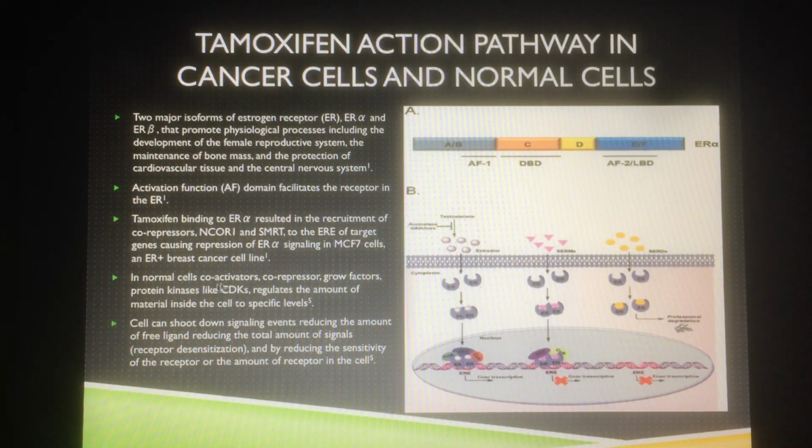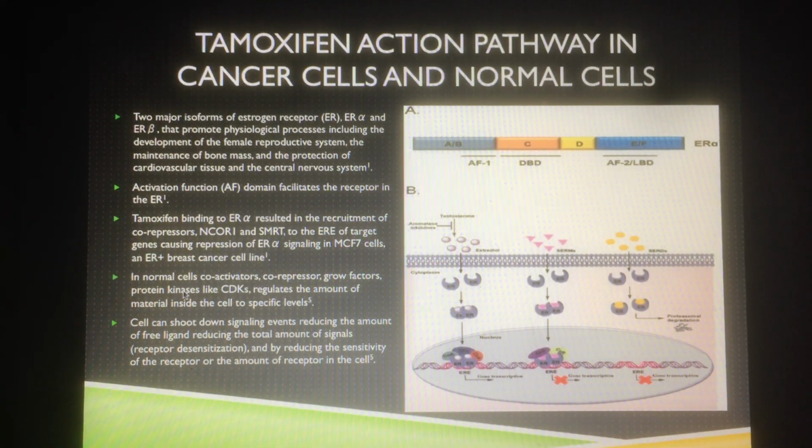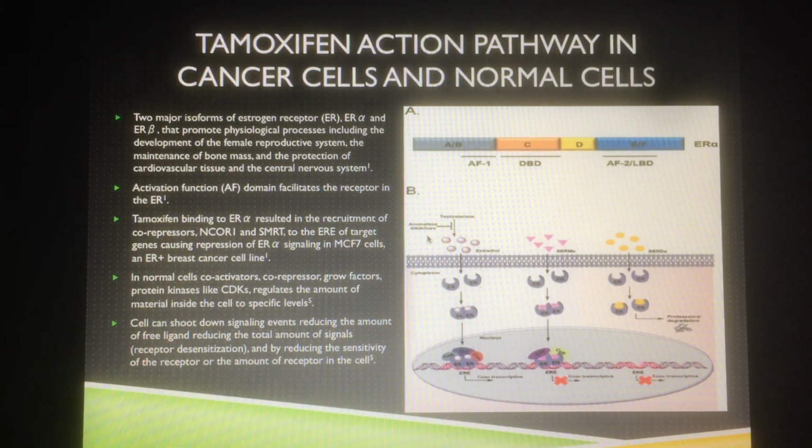In normal cells, the coactivators or co-repressors, the growth factors, and protein kinases like CDKs regulate the amount of material inside the cell to specific levels. For example, right here we have estradiol that binds to the estradiol receptors, but some aromatase inhibitors can destroy these hormones so they cannot bind the ER, and they cannot generate any gene transcription in normal cells.